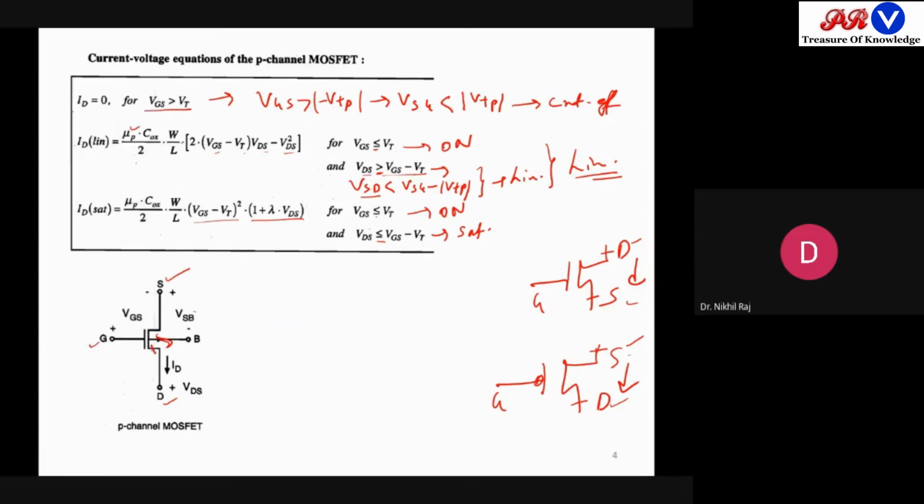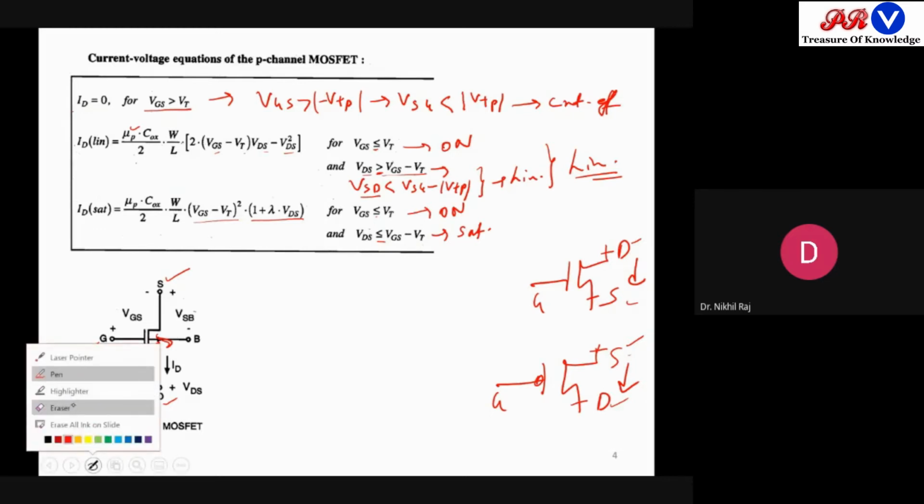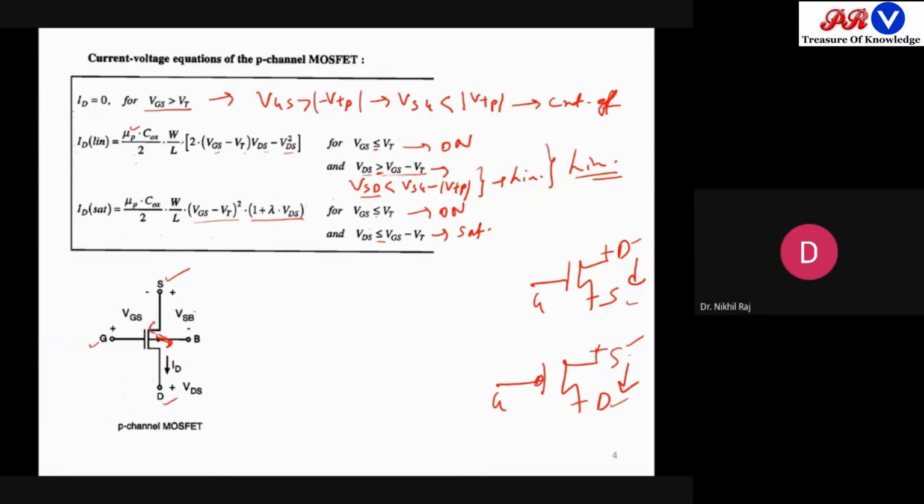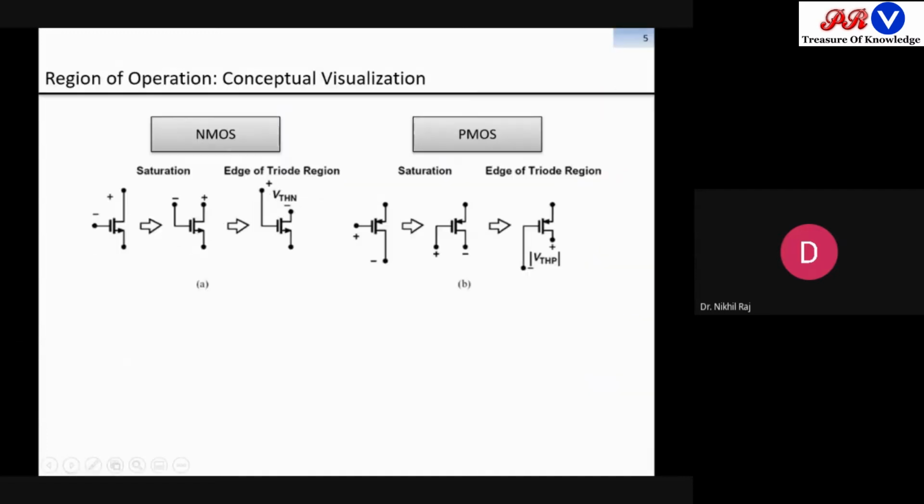From here, the arrow is going inside. Sorry, we have to check for the source, not for the drain. Arrow direction you always have to check at the source part. So if the arrow is moving like this, the arrow will enter into the source like this. So this is nothing but your PMOS. And wherever the arrow is, that will be your source. So this is about your PMOS.